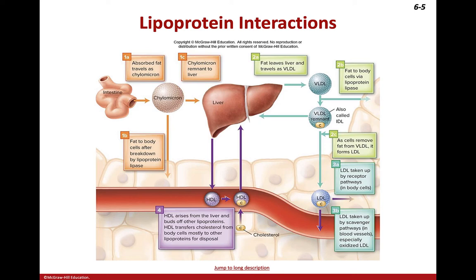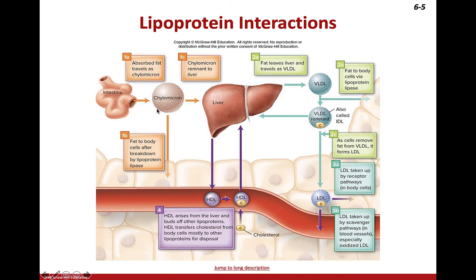Then, if we look at the green or 2, VLDL carries fat taken up from the bloodstream by the liver, as well as any fat made by the liver to body cells. 3, we look at the LDL, arises from VLDL and carries mostly cholesterol to cells. And then 4, the HDL arises from body cells, mostly in the liver and intestine as well. So let's look at the actual pathways and interactions here.